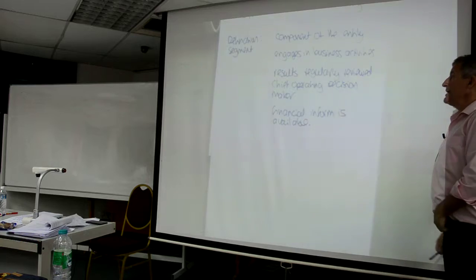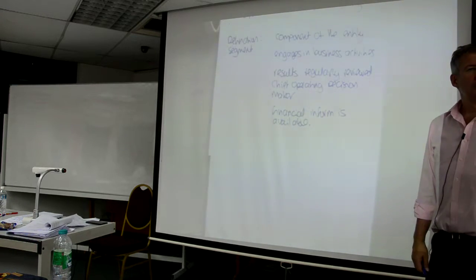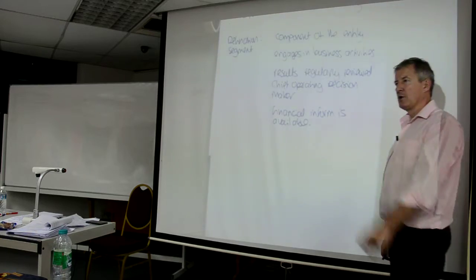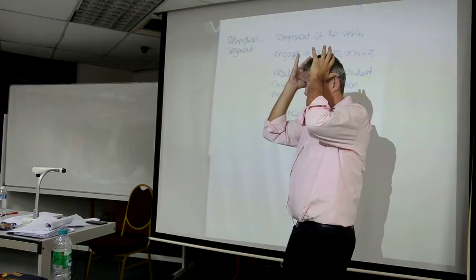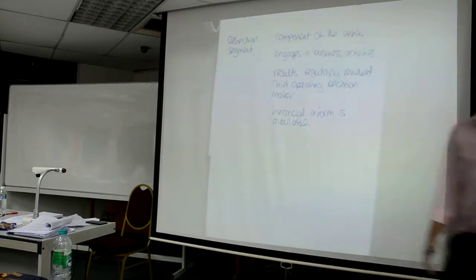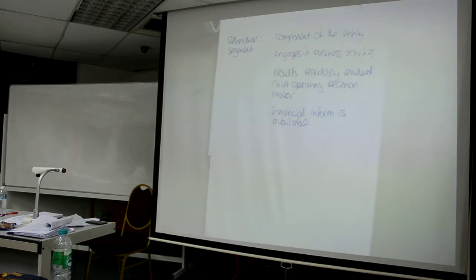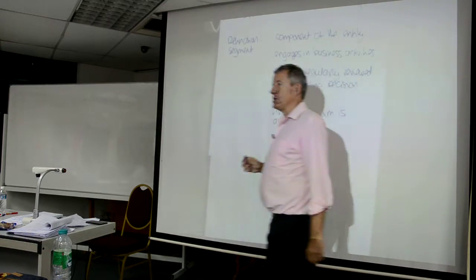Results are regularly reviewed by the chief operating decision maker. So therefore, who is on the board of directors? Is the person on the board responsible for a geographical region, or for a product line? How is the internal organisation run? And the financial information is available.